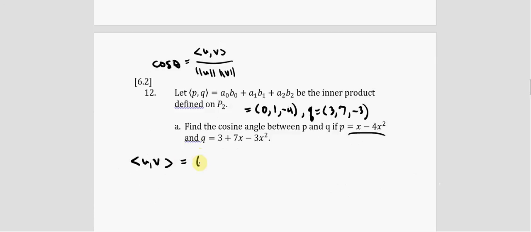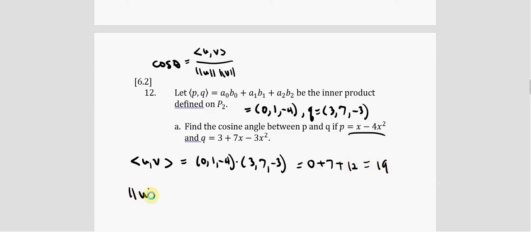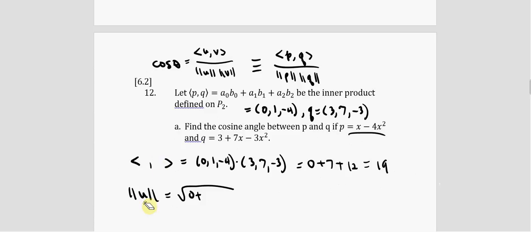well, that's 0, 1, -4 dot product with 3, 7, and -3. So that gives us 0 plus 7 plus 12. So we get 19. Now the norm of u is the square root of 0. Well, sorry, we're dealing with p and q. The inner product of p and q all over the norm of p times the norm of q. It's fine, but we can be consistent.